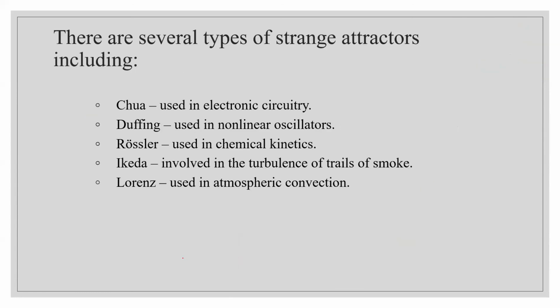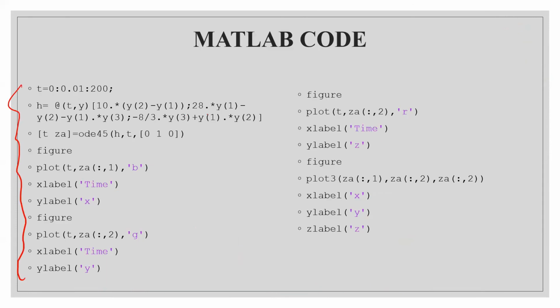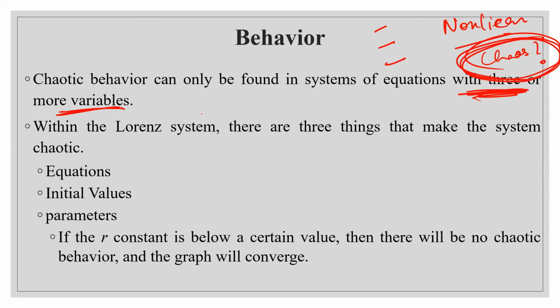In your lab class you will see that if you change the value of these parameters, this is the special parameter set where you get chaos, but if you change them you will get a different kind of attractor. Just play with these parameters in your lab class and see where you get a stable cycle or limit cycle. So this was the end of my lecture.